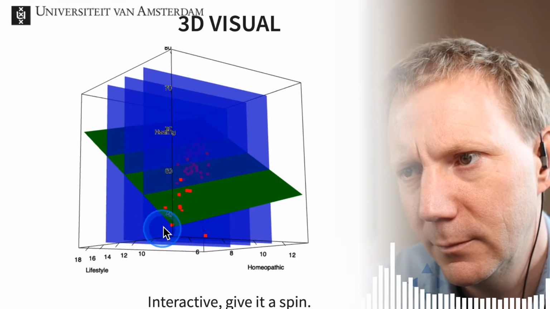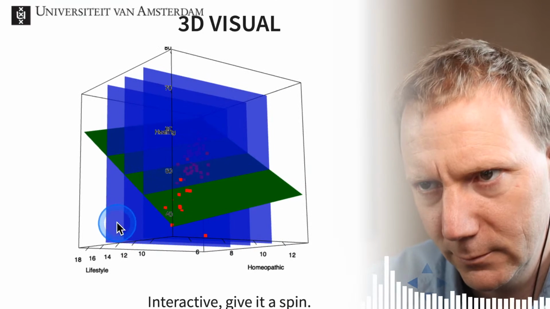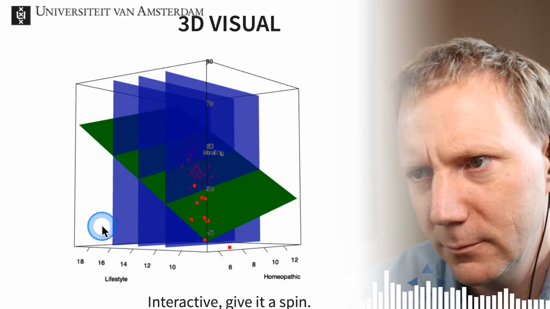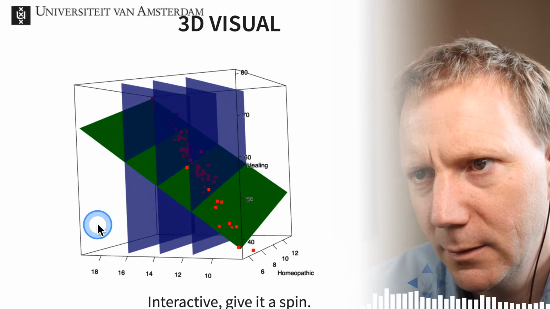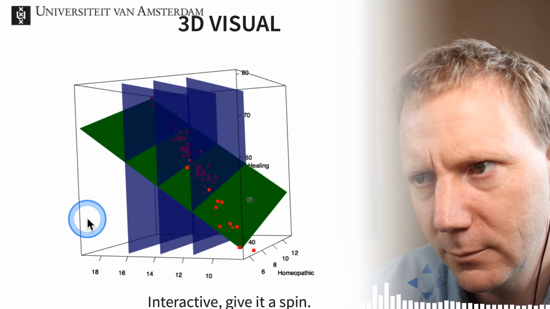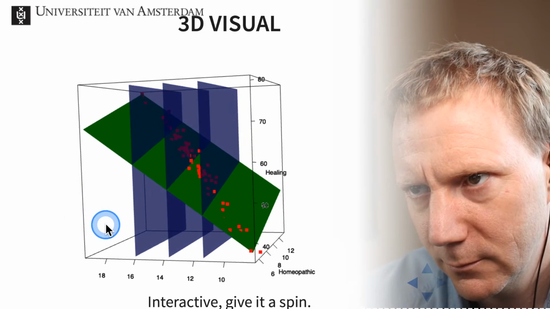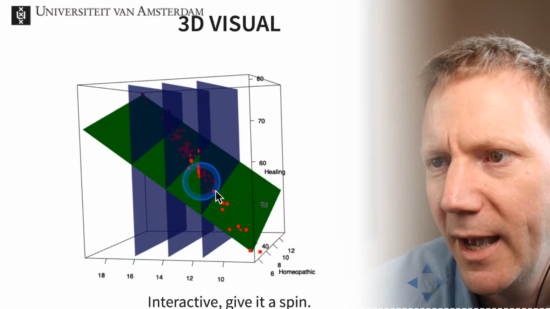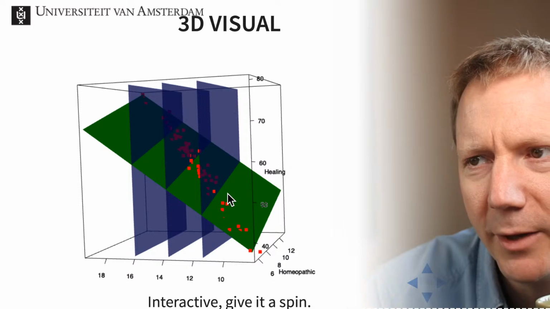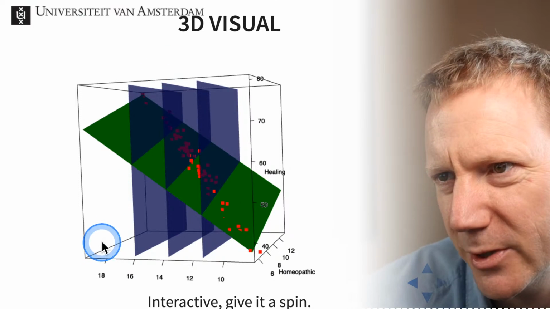If the mediator would not have an effect, if you would look at it from here, then the top left corner of the green plane would be down at the bottom, and the right middle corner would be up at the top. Yeah, I know exactly what you mean. And of course it's not about the regression plane, but it's about the data points, right?